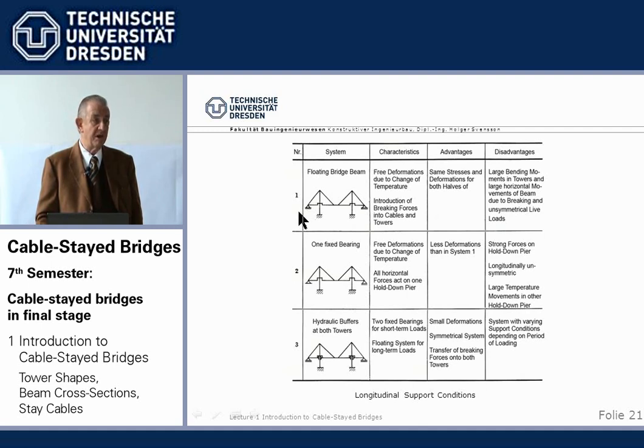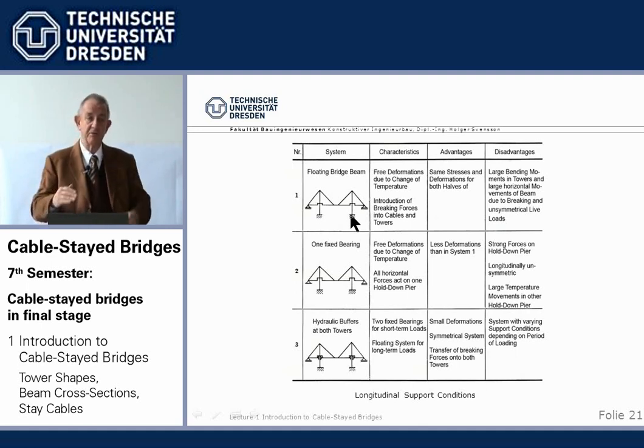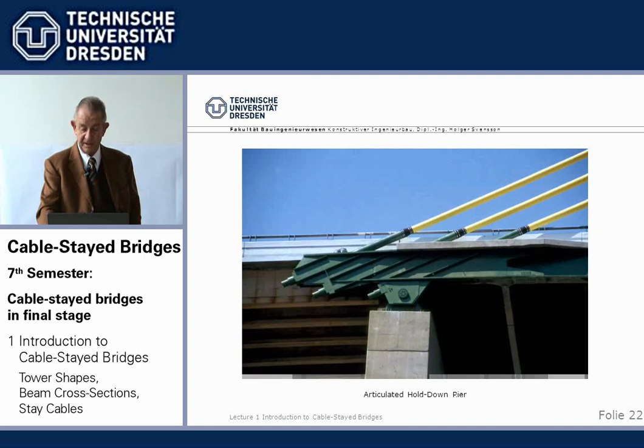If we have railway bridges high up, we may use hydraulic bumpers, which do not react for slow movement in temperature, but react for quick movement of braking. And we can use elastic bearings. Many things we will discuss later in detail.